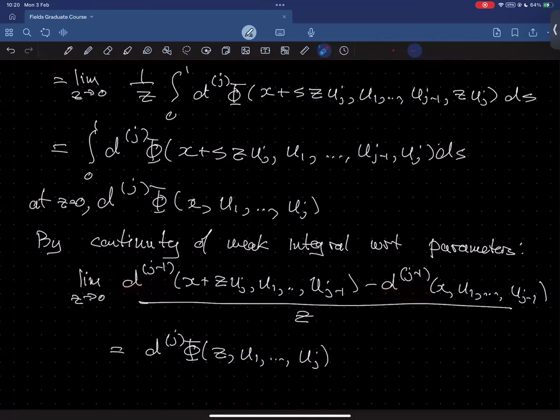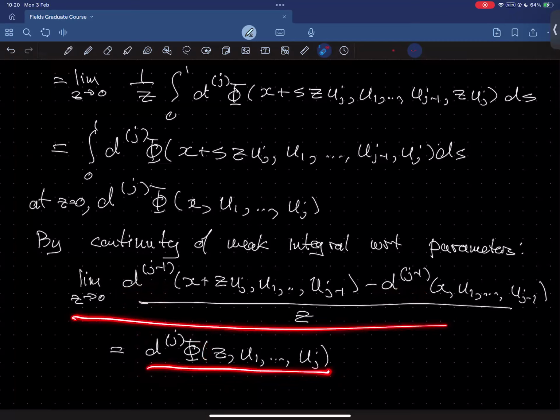What this is showing is that if that's true for j minus 1, then it's also true for j, because this d here is also the real jth derivative, and it's saying that the real jth derivative is obtained as a complex difference quotient.